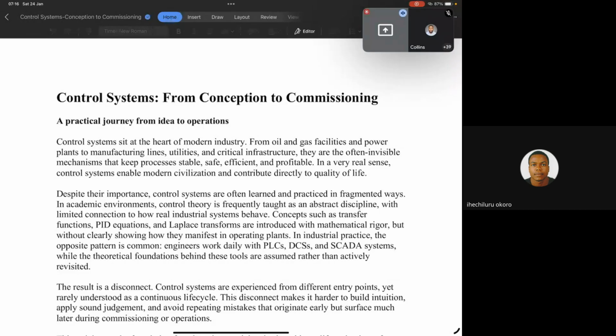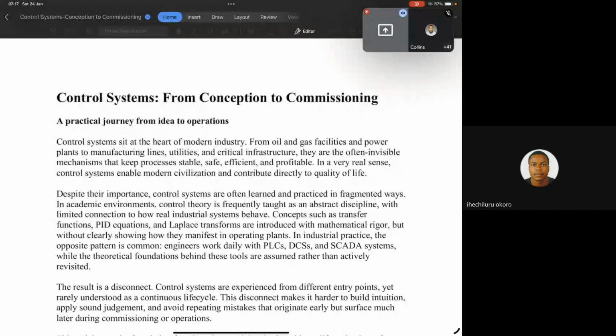And then when we got into the industry, we started looking at control systems as hardware and software without paying attention to the underlying theories, the mathematics behind it, the algorithms behind it. PID becomes something that is neither here nor there. PID is mathematics. We know it as proportional integral derivative, and we hardly go beyond that.